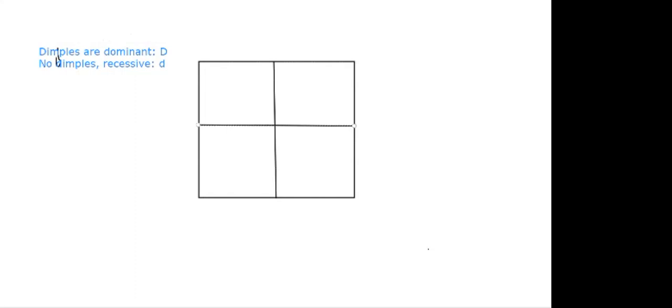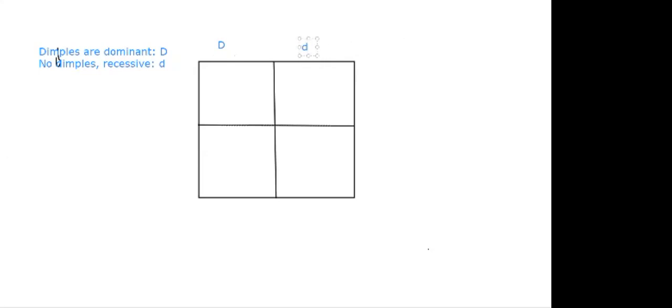All right, so let's say we have one parent who has dimples, and we know for a fact, for some reason, that this parent is heterozygous. So that's going to be a big D and a little d.